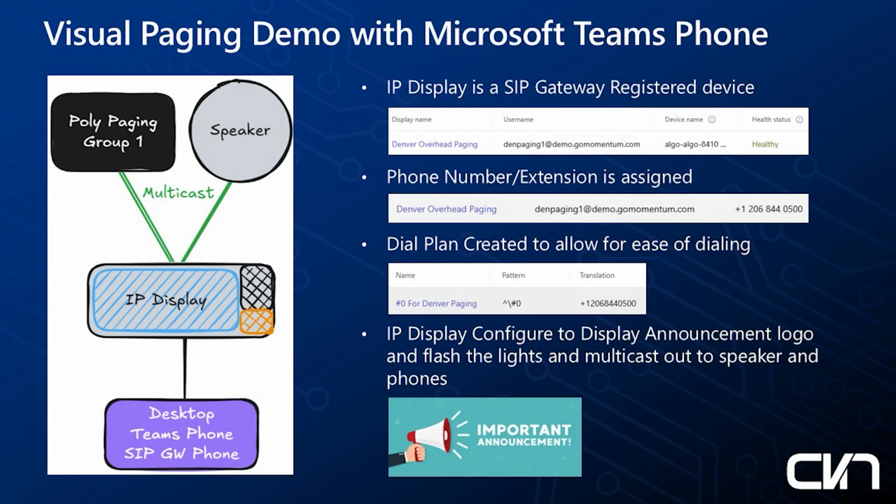But we decided, to show how flexible this environment is, I'm going to call in, and it's going to be a paging announcement on this screen here. Then we're going to use multicast. Instead of trying to figure out how to route this through Microsoft SIP Gateway, we're going to use multicast right off the network. We're going to bring it into this ceiling speaker, and we're also going to multicast it to these two Polyphones.